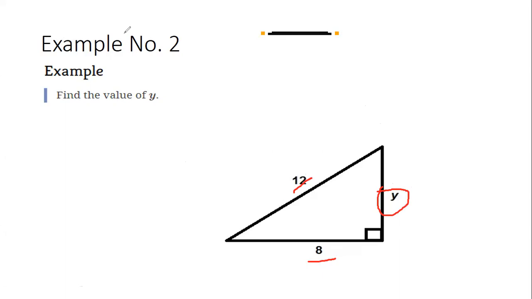So we're going to use c squared equals a squared plus b squared, the Pythagorean theorem. We replace c squared by 12 squared, which is equal to y squared plus 8 squared. We evaluate 12 squared, that's 144, which is equal to y squared plus 64.